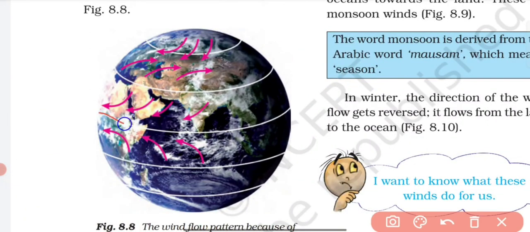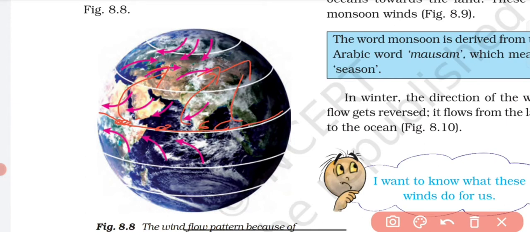So this is the equator, and we all know that it is closest to the sun, so it is getting the maximum heat, and that is the reason this portion is much hotter as compared to the other regions. So whenever the equator is getting the heat, whatever air is present on this portion will start heating up and it will rise up.